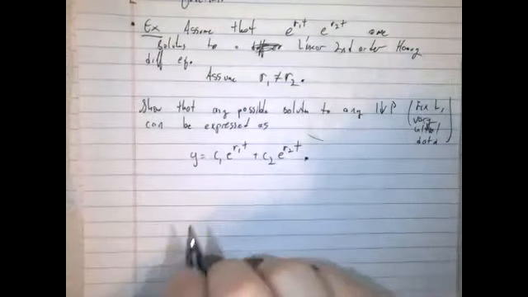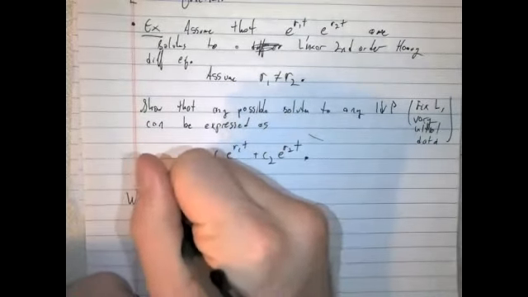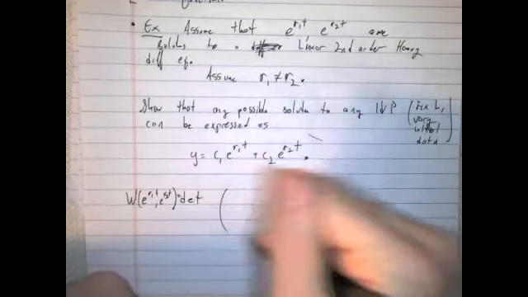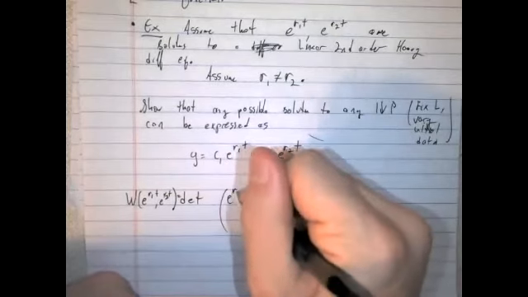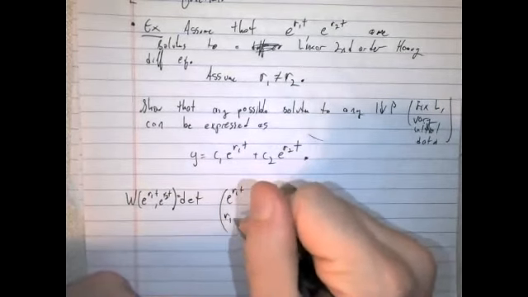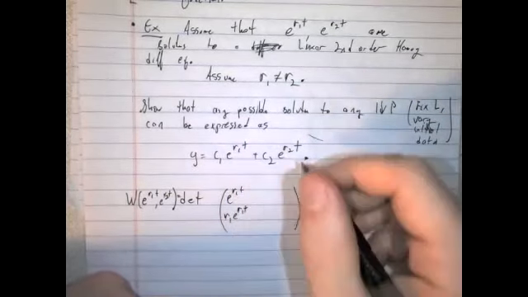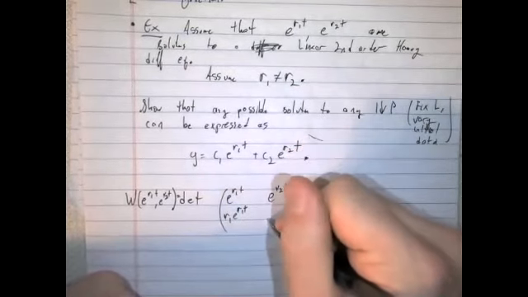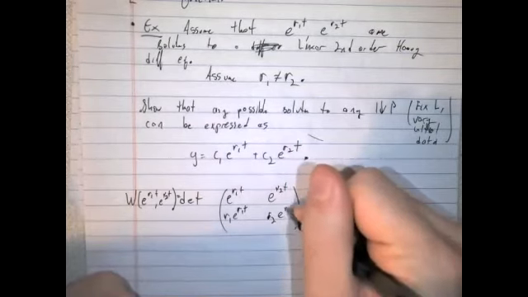Okay, so essentially what we're being asked to compute is W of e to the r1t, e to the r2t, which is equal to the determinant of e to the r1t, r1 e to the r1t, and then the second column is e to the r2t, r2 e to the r2t.